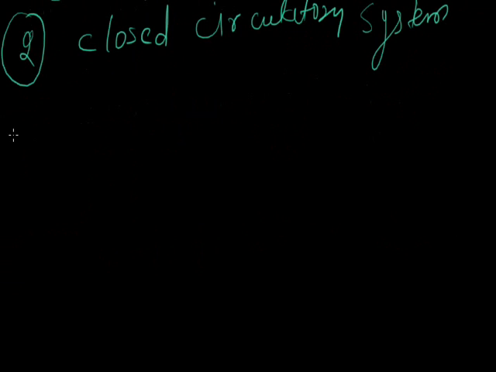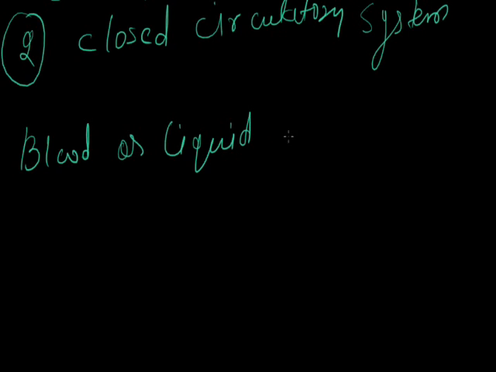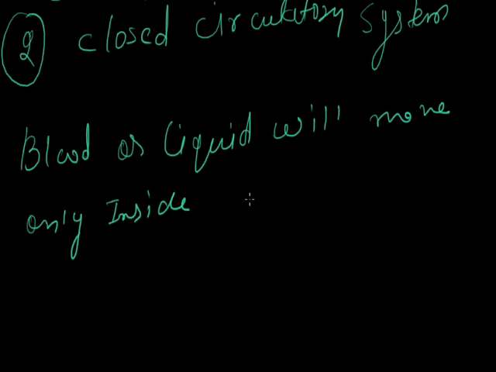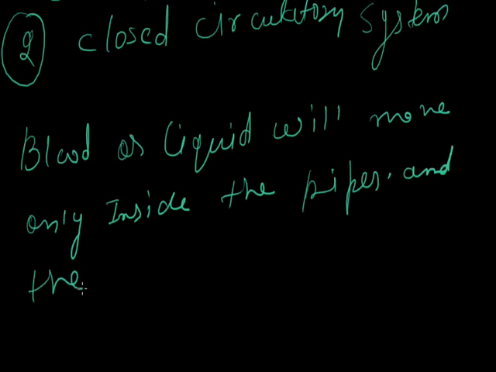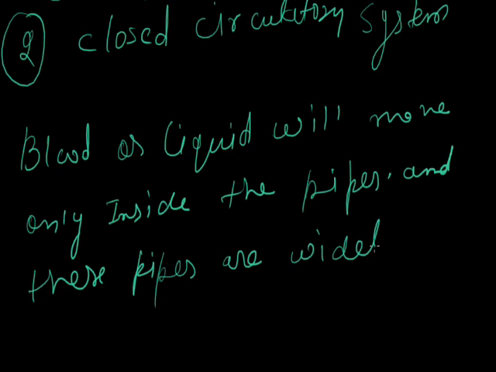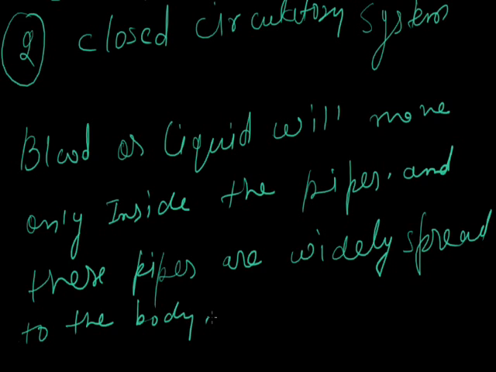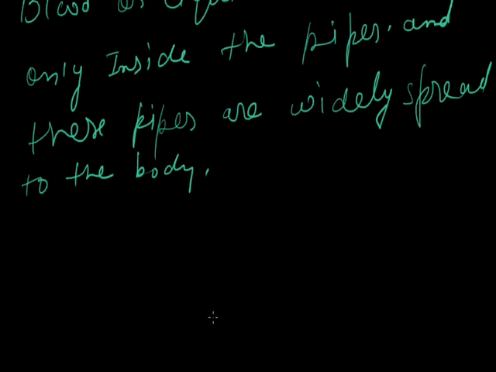In this closed circulatory system, blood or liquid will move only inside the pipes, and these pipes are widely spread through the body, and the body will not get any free liquid inside the system.